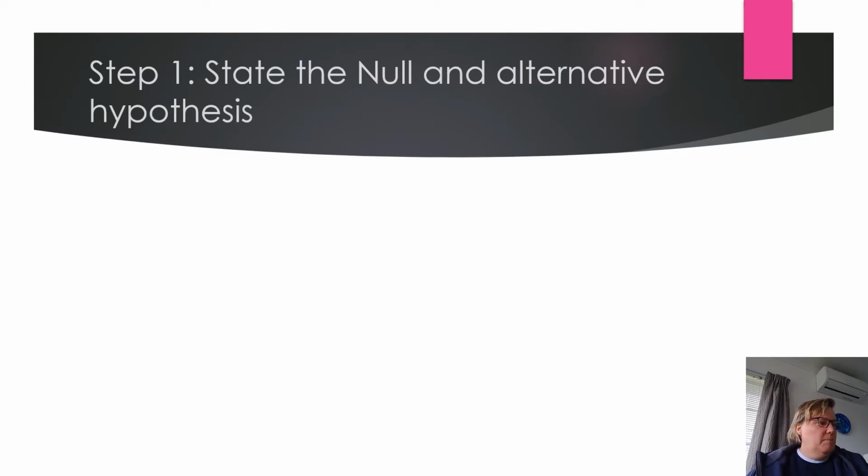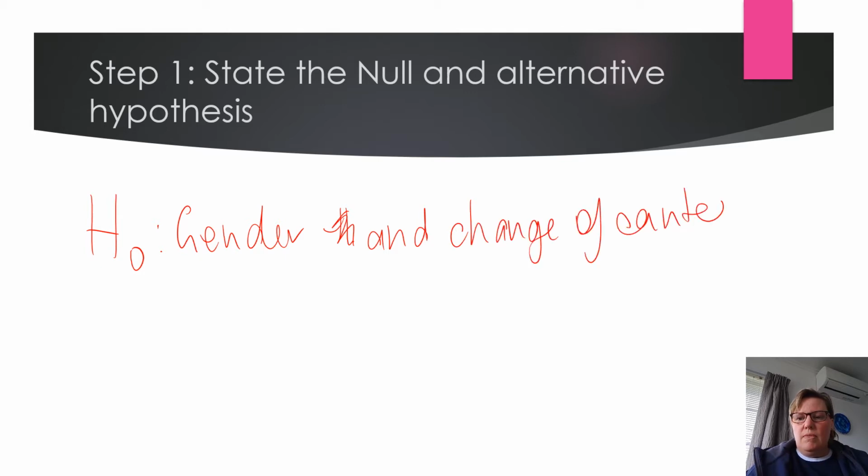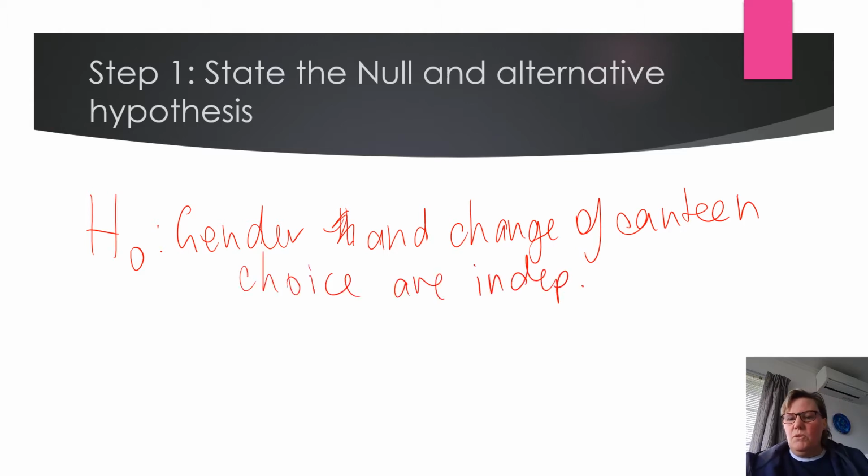Step 1, same hypotheses. So H0, the null hypothesis, is that the grade level and change of canteen choice are independent. Oh, it wasn't gender.